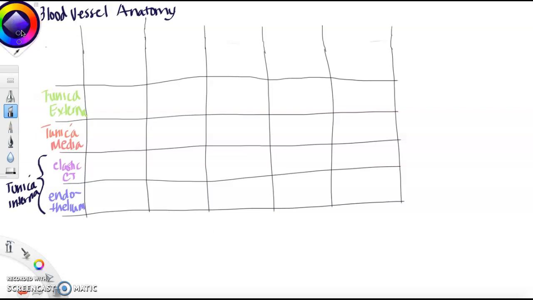So if we look at the Tunica Externa, okay, so let's look at, I can never get this right. All right, arteries. Let me erase this, redo it here.